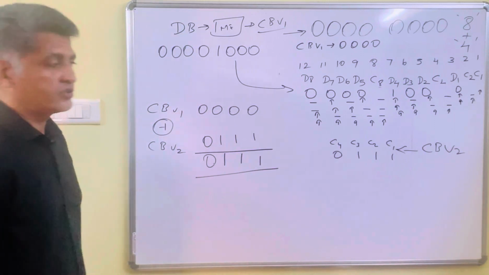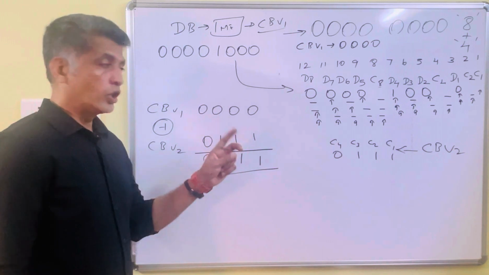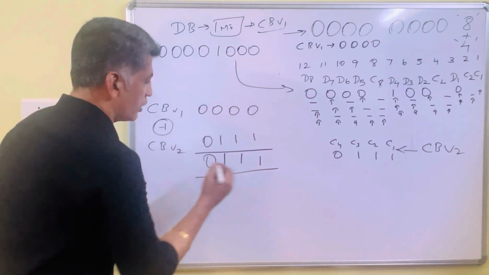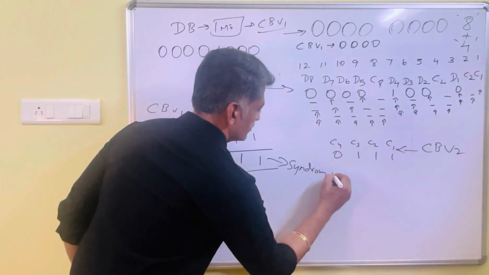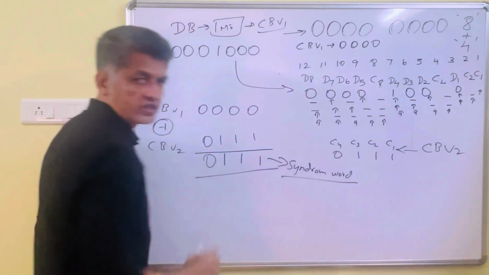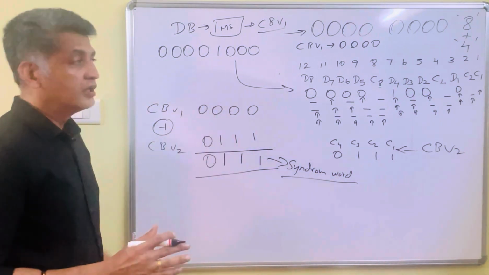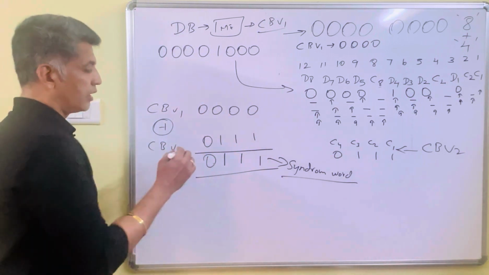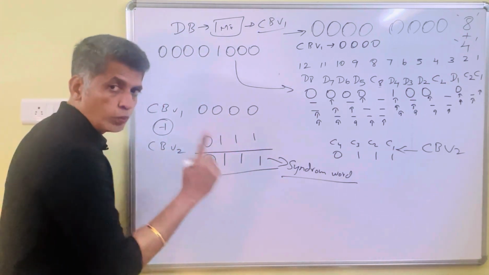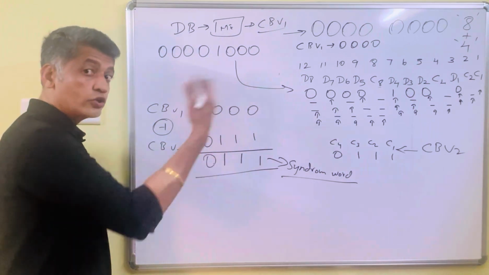Now you just see that 3 options are available, right? One option is that all the values are 0. This is your syndrome word. So for the syndrome word, 3 options: all zeros means there is no error in the data bits while reading, right? Okay, and if only 1 bit among these is 1, then that is not related to the data bits, that is related to the check bits.